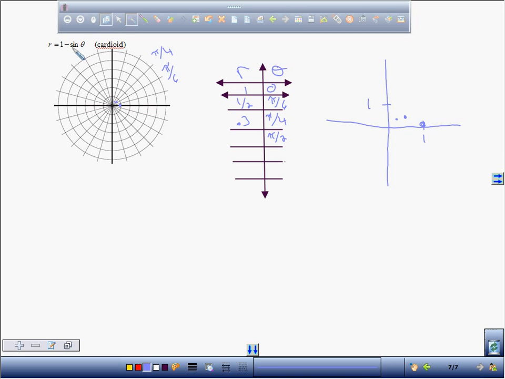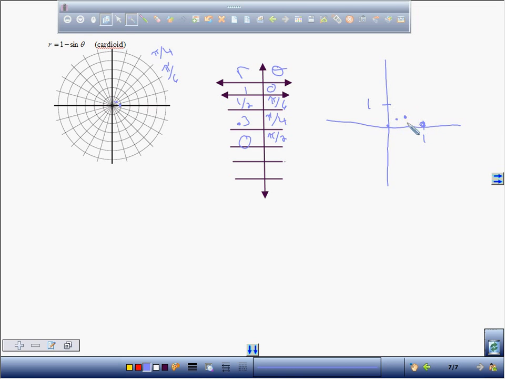What's the sine of pi over 2? Sine of pi over 2 is 1. So I get 1 minus 1, which gives me 0. And so what I get is go out 0 and around pi over 2.